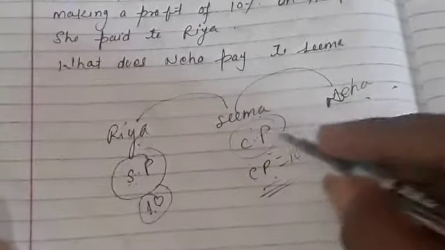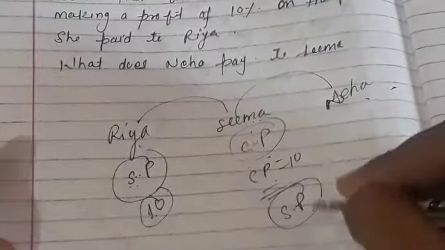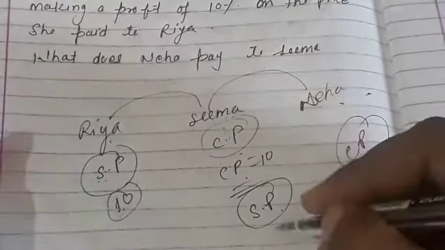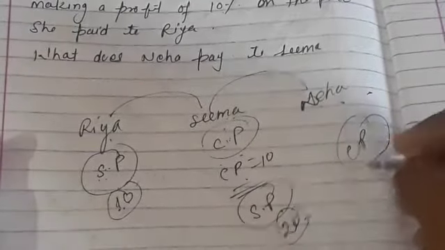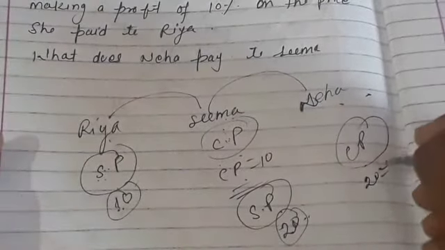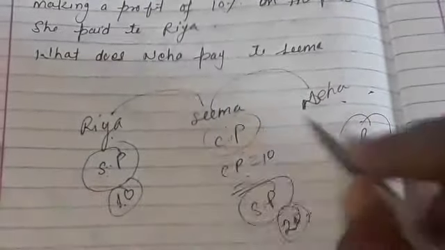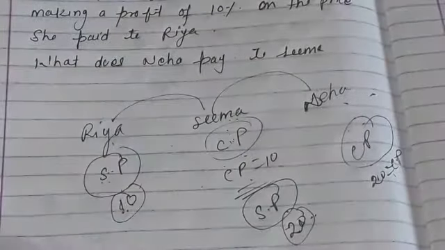Again, whatever is the SP for Seema, that is the CP for Neha. Suppose she wants to sell this for 20 rupees, then this 20 is SP for Seema, but this 20 is CP for Neha. So this is a technical point for these kinds of questions, class.